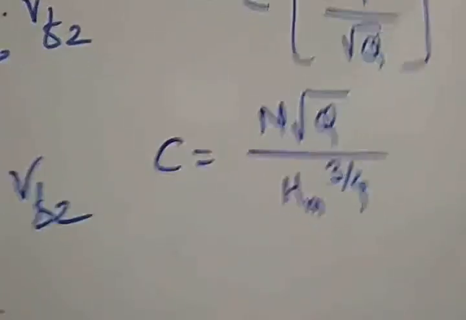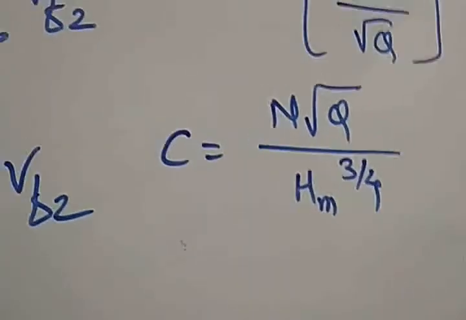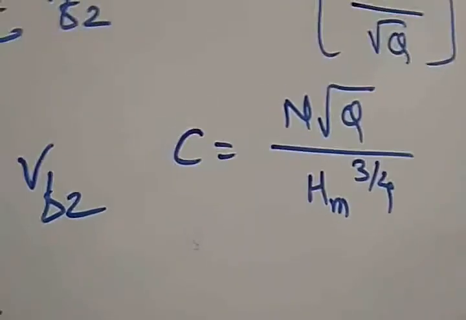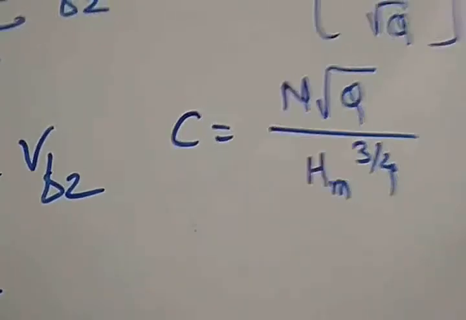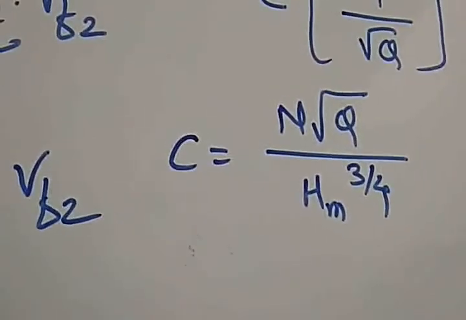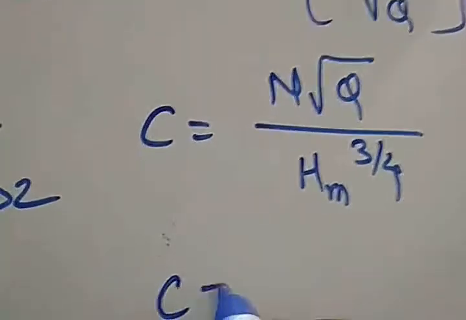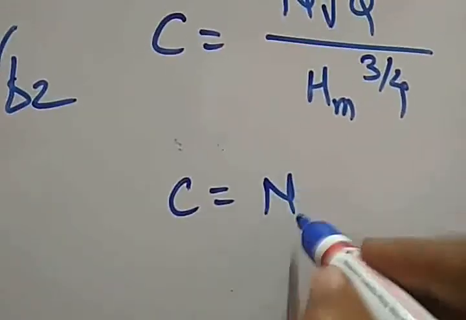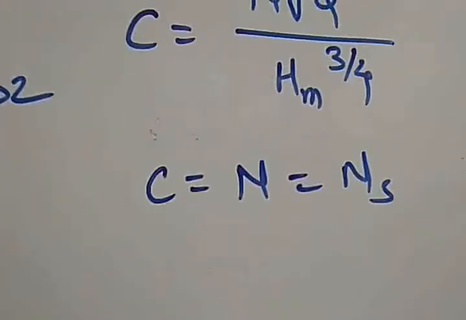Now according to the definition of specific speed, what is the definition? The pump should deliver 1 liter of liquid per second under the head of 1 meter. So q will be 1, hm will be 1. In that case, c is equal to n, which is nothing but the specific speed ns.